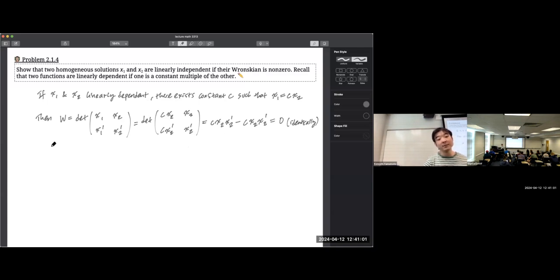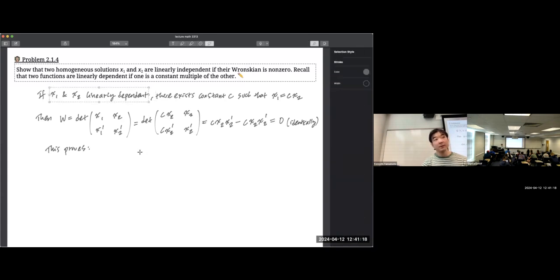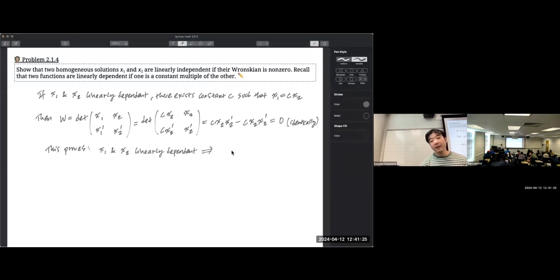So what is this? This isn't proving what we want. Well, it appears like it doesn't. Technically, what does this prove? This proves that if x1 and x2 are linearly dependent, then the Wronskian is equal to 0, identically.